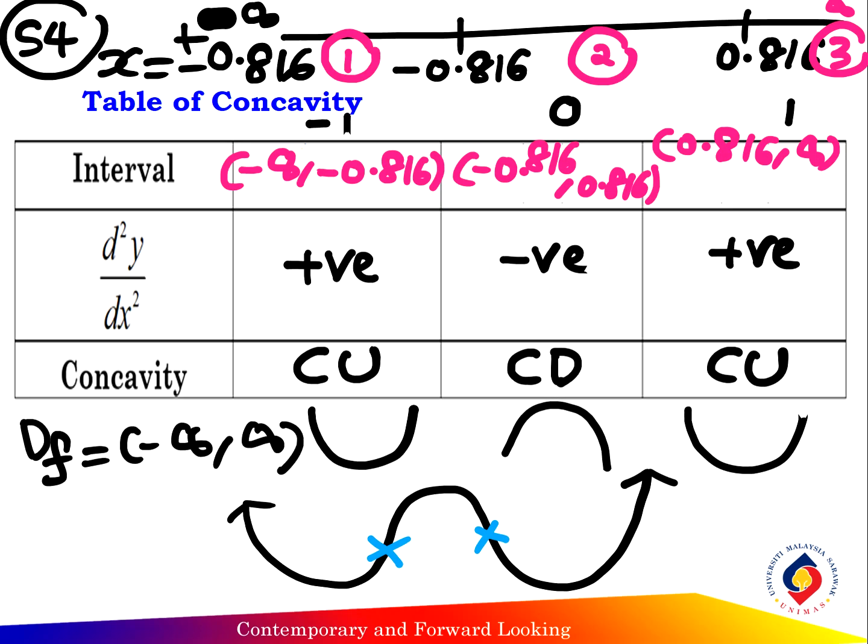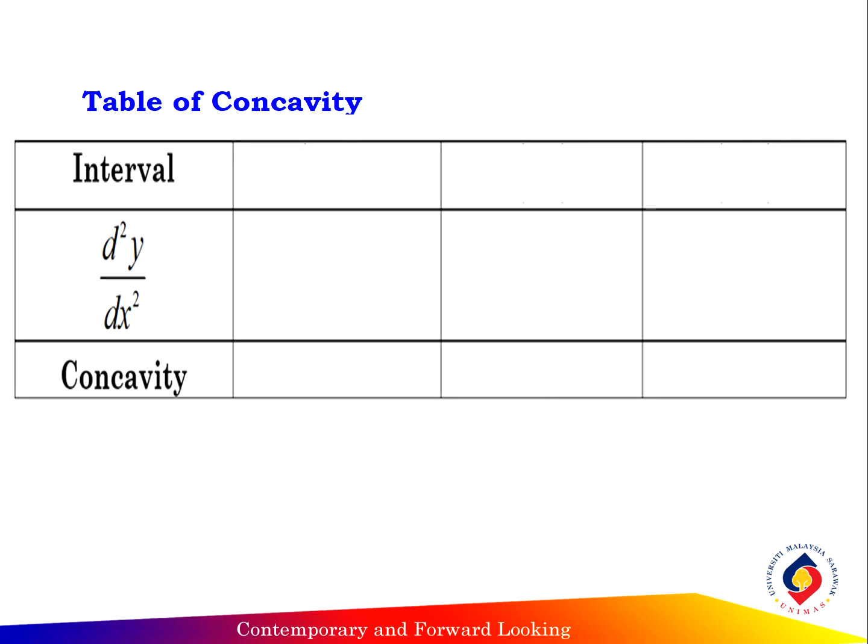Okay, step 4, you find the table of concavity, and step 5, you find the intercepts of the quartic function.